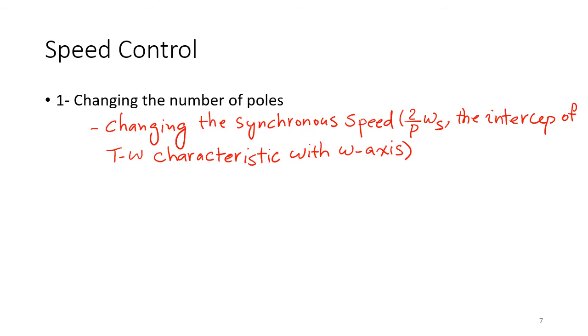So basically we just change the p, we change the synchronous speed. The induction machine remains very close to that synchronous speed. The speed of the machine has changed.